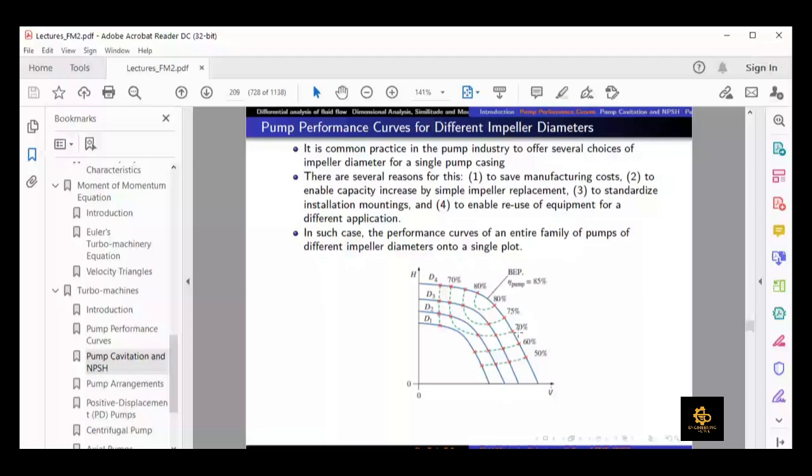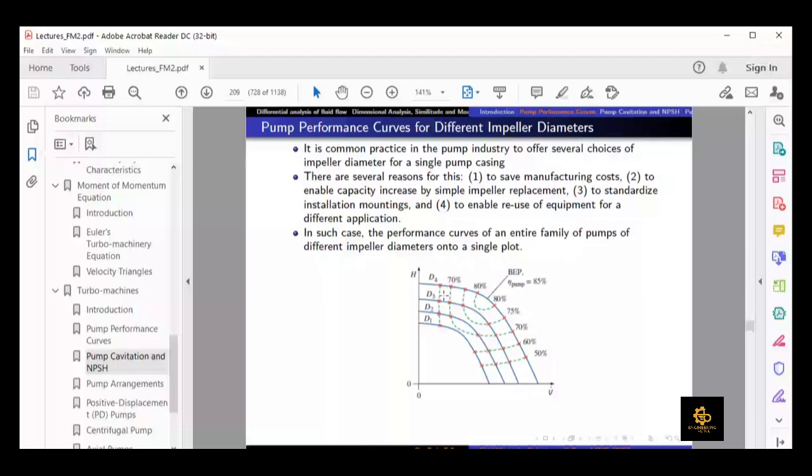They are contours of constant efficiency for the pump. So in this region, if we are using D4, then at this volume flow rate we would have 80% efficiency of the pump. Similarly, 70% efficiency is shown, and then 60%. So we usually show the constant efficiency curves on the same graph.